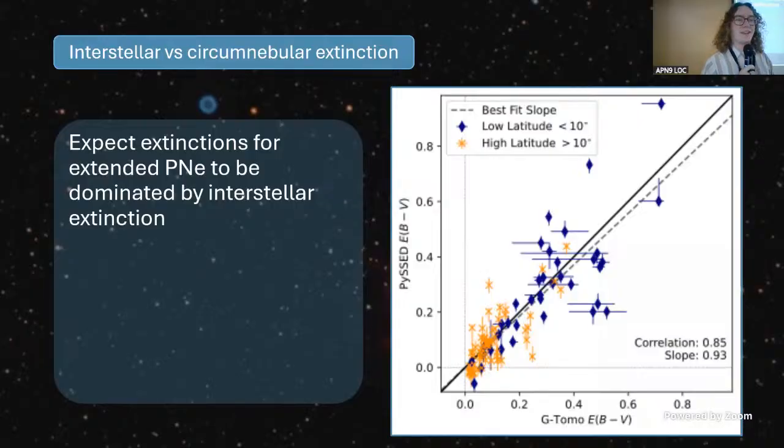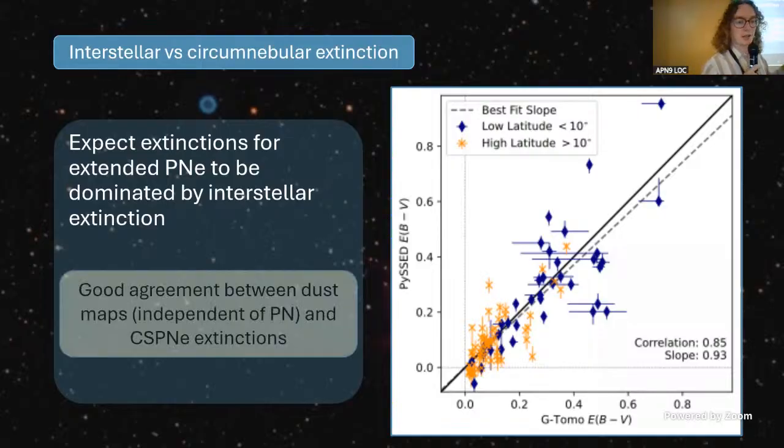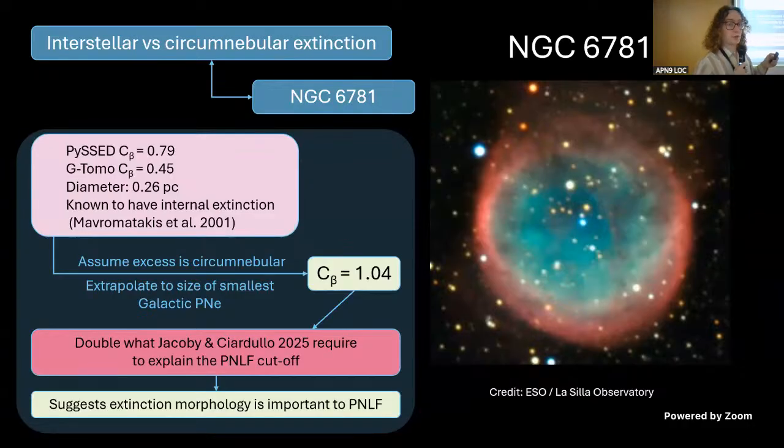We find that for most of our sample, the extinction is dominated by interstellar extinction, but we find 1 source that is a major exception to that. And we do some very crude analysis on that, where we take the difference between the 2 sources, assume that that is circumnebular, and then extrapolate it to the size of the smallest galactic PN.